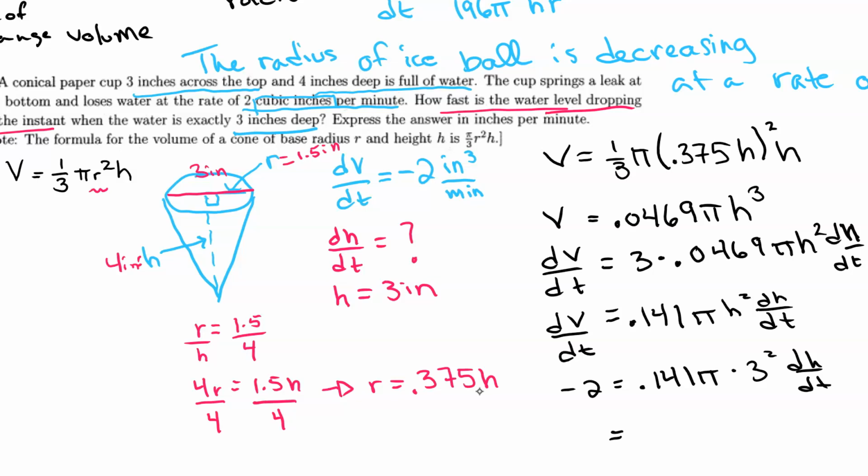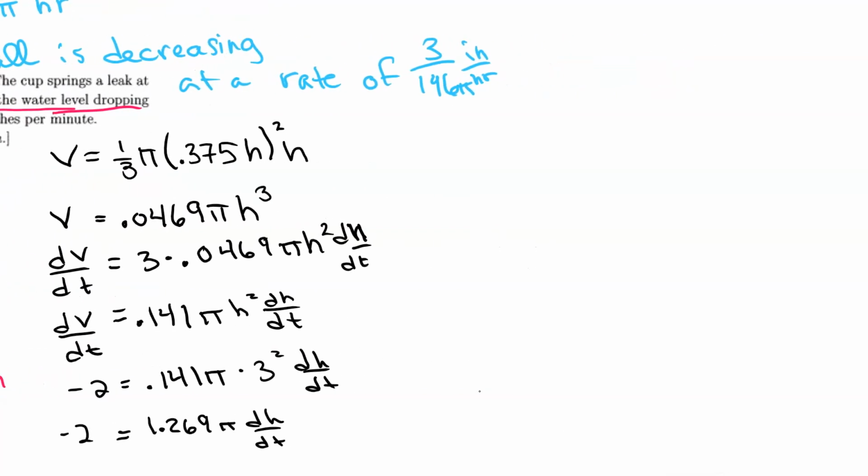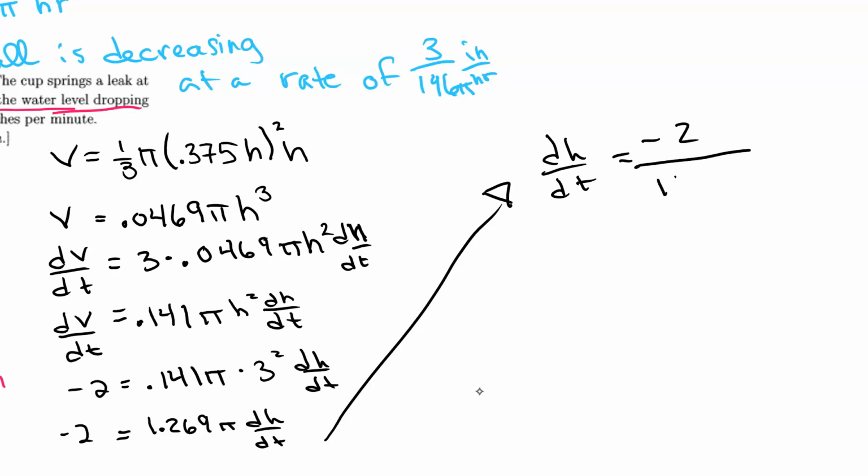We've got 3 squared, which is 9, times 0.141, which is 1.269 pi dh/dt equals -2. Divide both sides by that 1.269, and you're going to get dh/dt equals -2 over 1.269 pi.